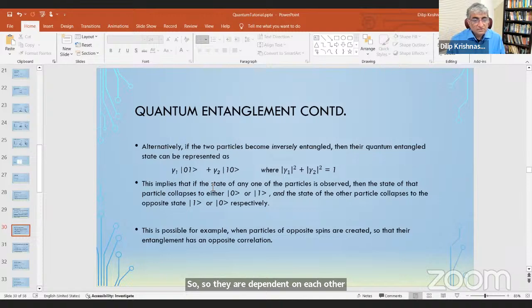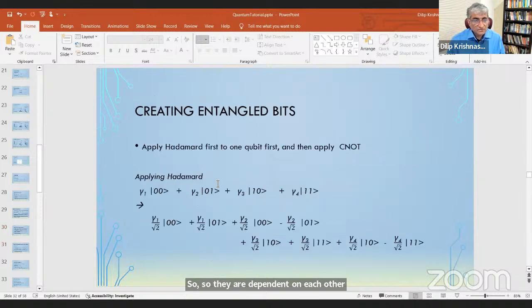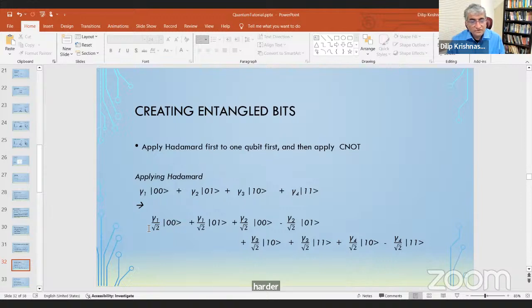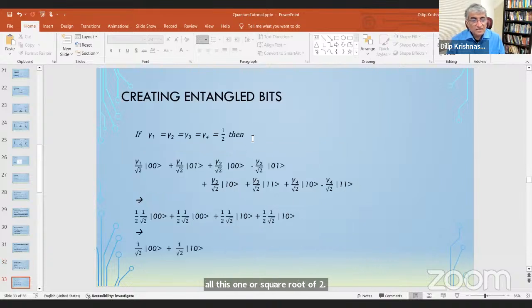Now, how do you actually create these entangled bits? You apply the Hadamard first to one qubit, and then you apply the C0. When you apply the Hadamard, it transforms into this: you have all these 1 over square root of 2s. Then if you apply the C0 gate, you end up having this kind of state.